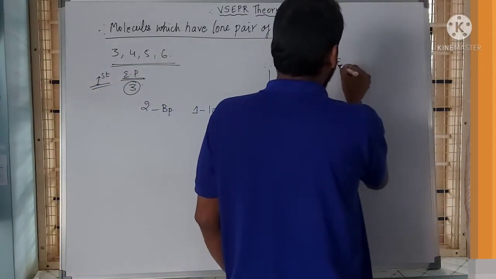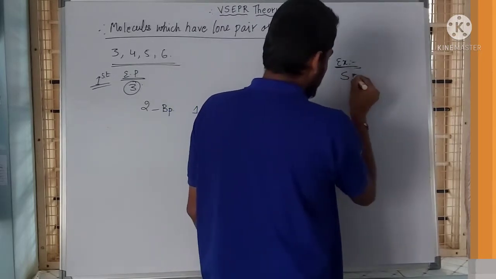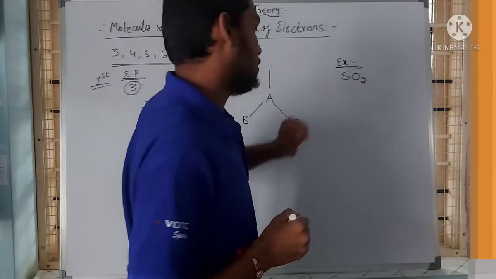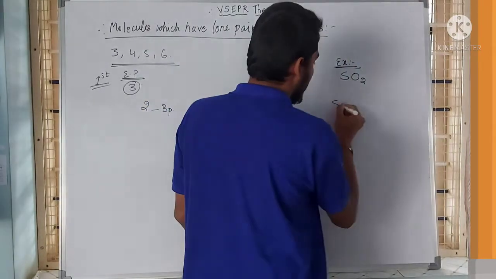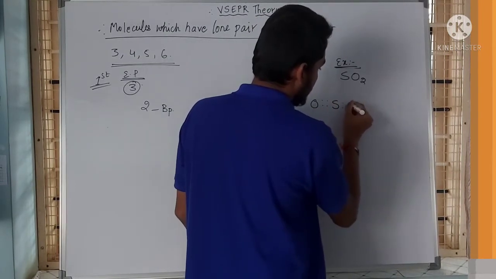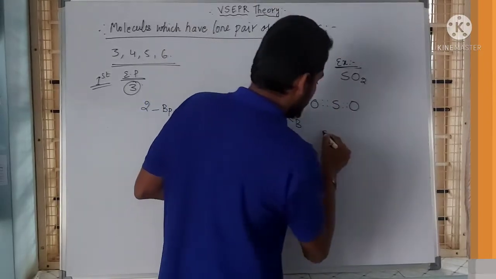An example for this kind of molecule is sulfur dioxide. Let us look at the Lewis structure of sulfur dioxide. See the electronic configuration of sulfur.